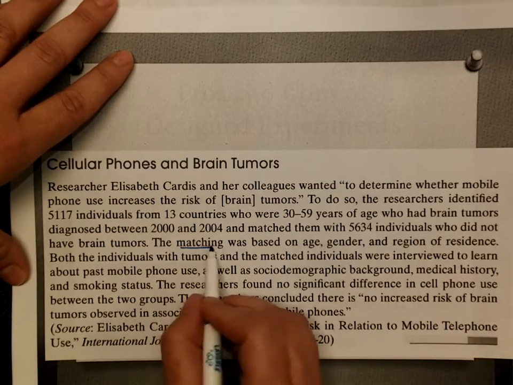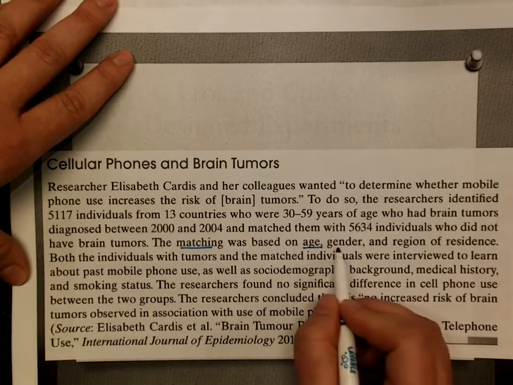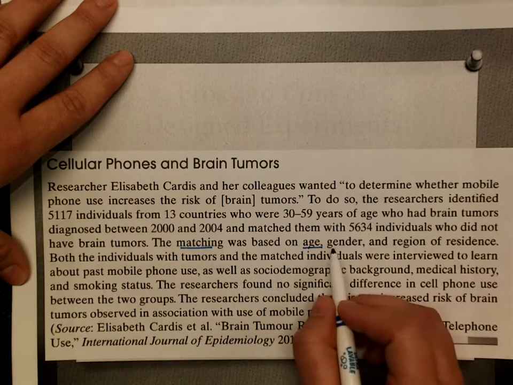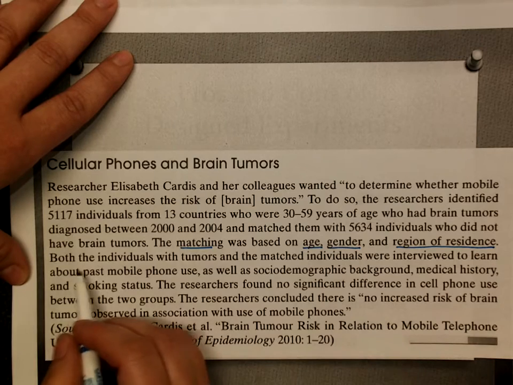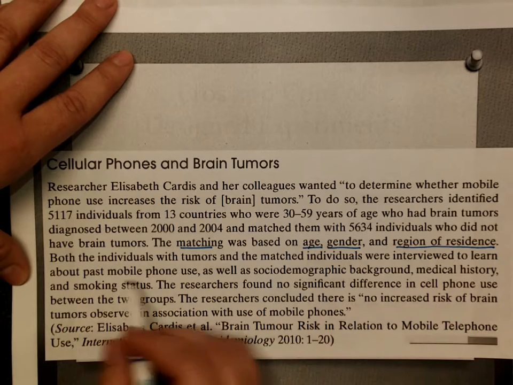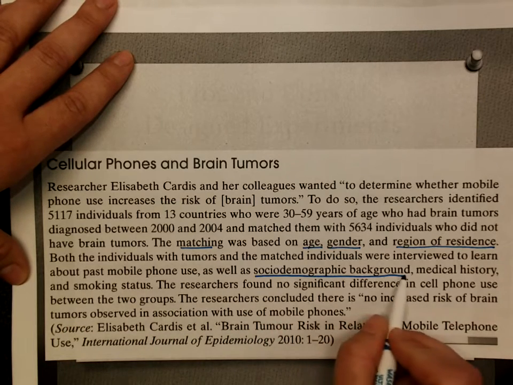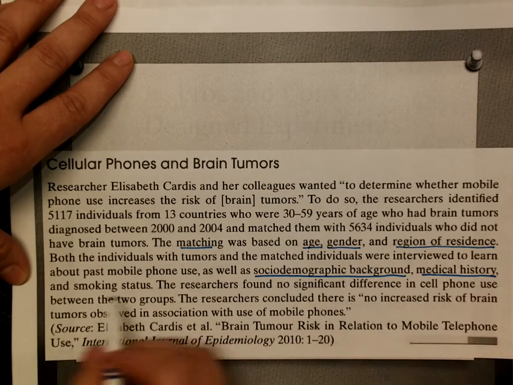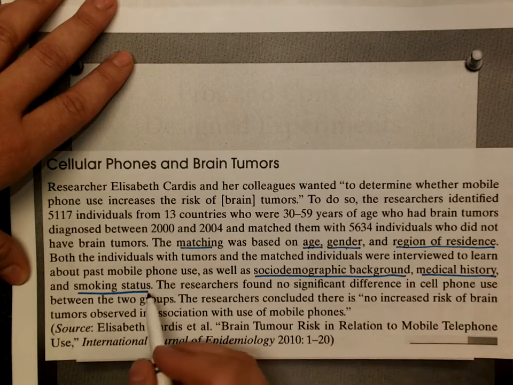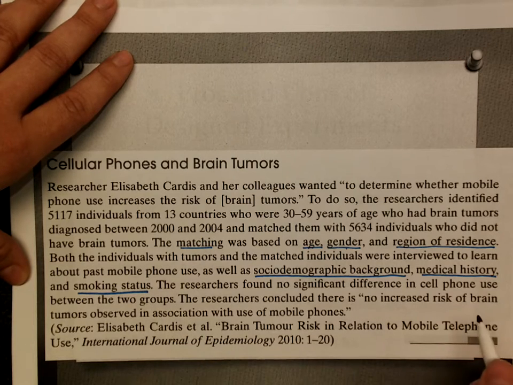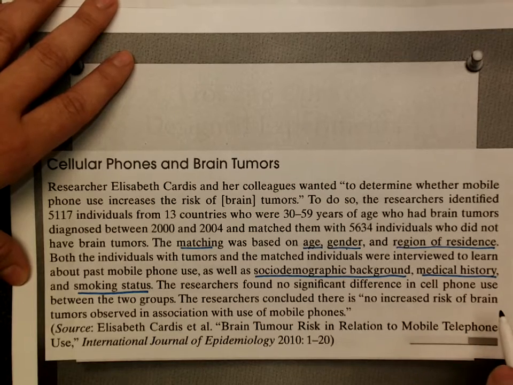They did matching based on age. That might be something they were trying to consider. Gender, region of residence, different locations. And then they also looked at demographic background, medical history, and smoking status. All of these things that they were separating out were potential lurking variables. They were trying to divide them out so that they would not get mixed into their results.